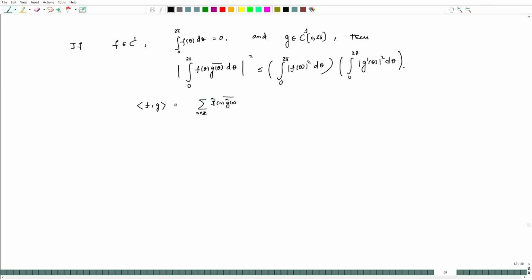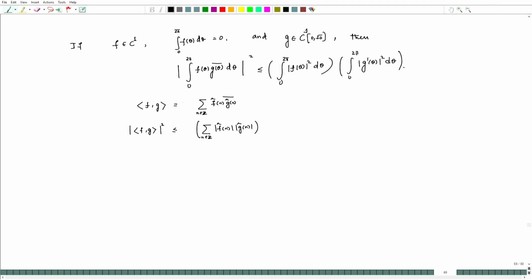Therefore, squared, this is less than or equal to the sum over n in Z, where I can put the modulus inside the sum, mod of f hat of n times mod of g hat of n.